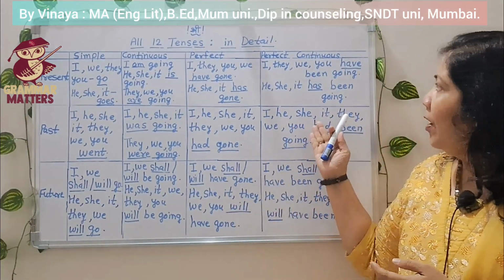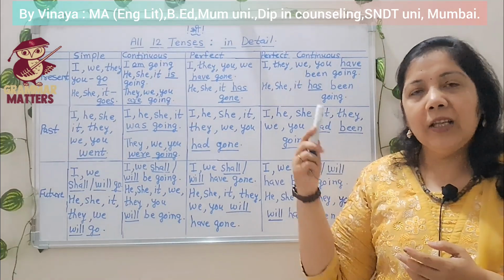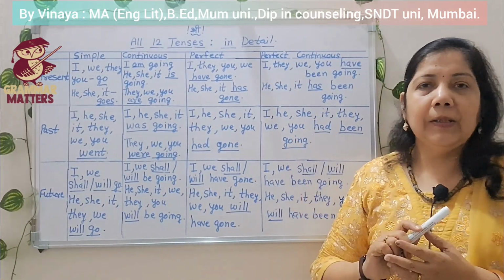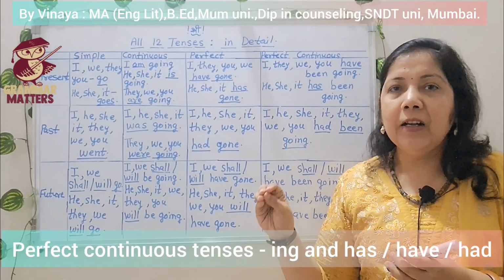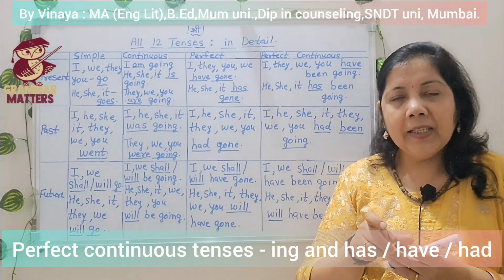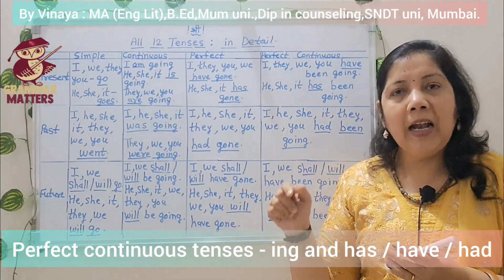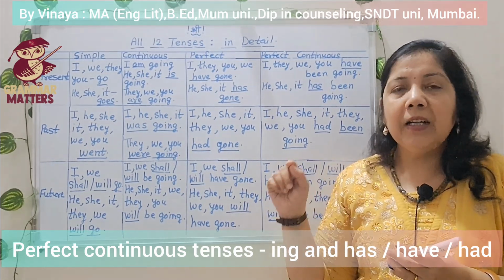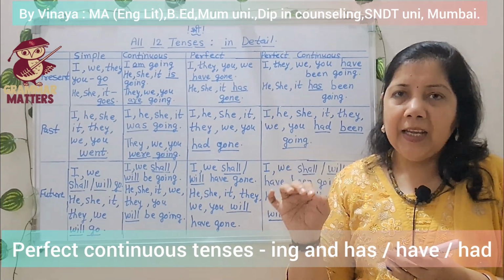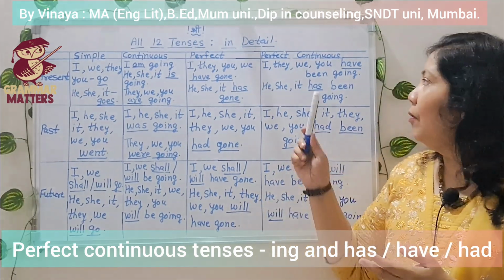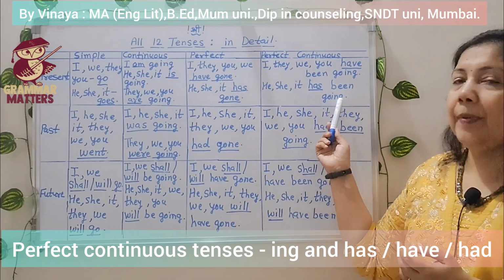And for perfect continuous, one more thing, the third one. When the tense is perfect continuous, what does it mean? Perfect is there, so has, have, had has to be there. Continuous is also there in the name, so ing has to be there. So how is it? Have been going, has been going.